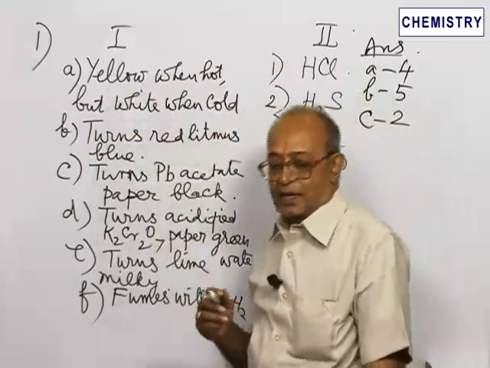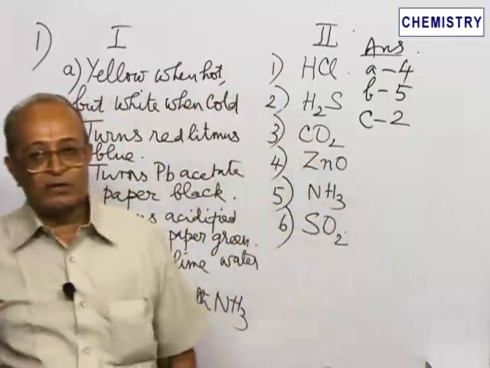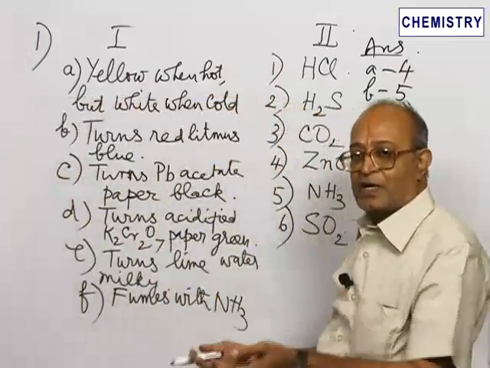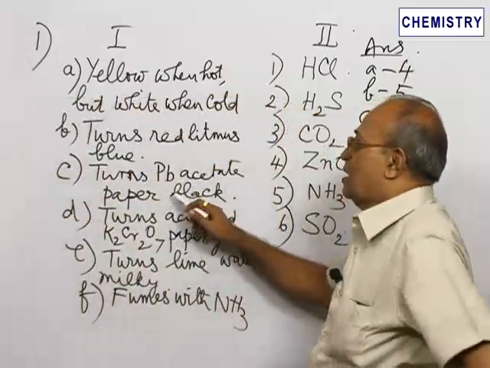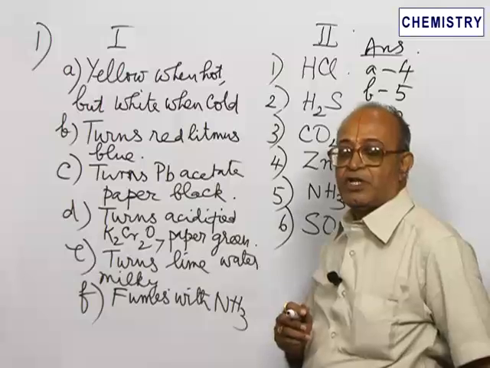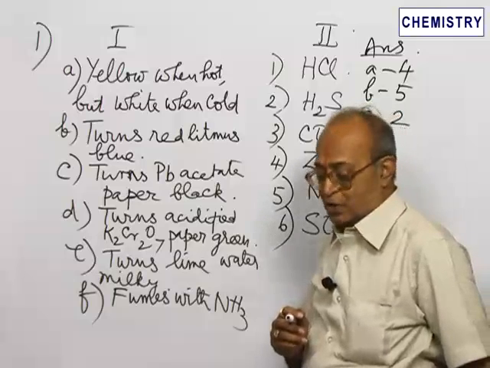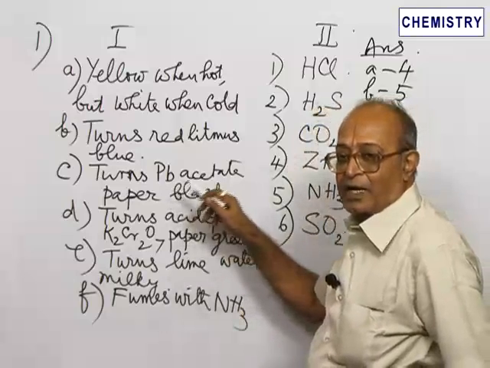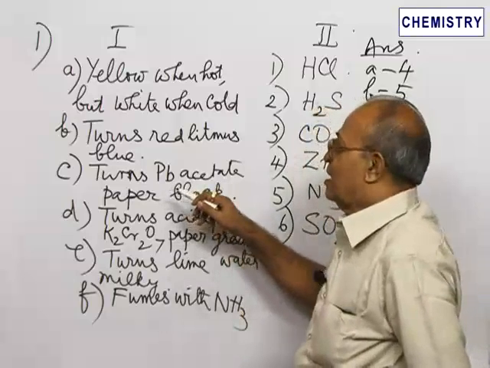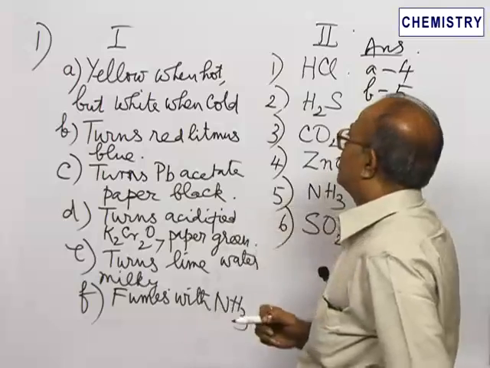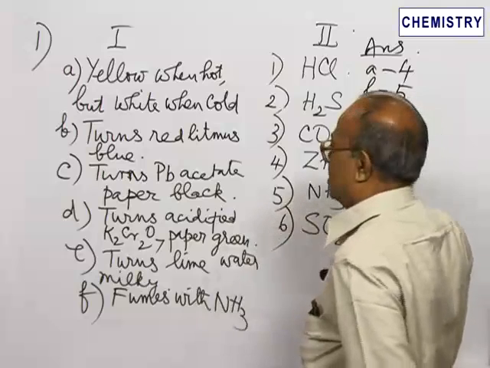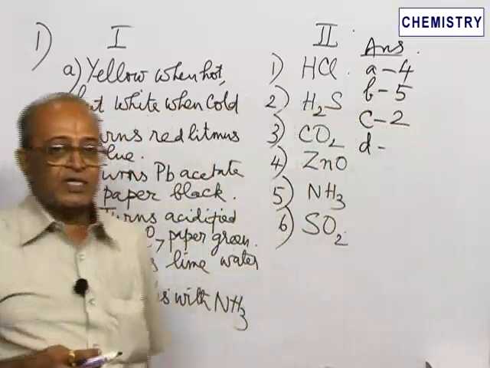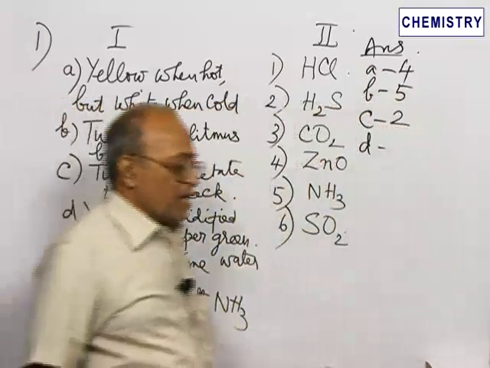Third one, gases reacting with several compounds giving different colored products. So, lead acetate paper changing black means it is due to the formation of lead sulfide, and lead sulfide formation is due to H2S.